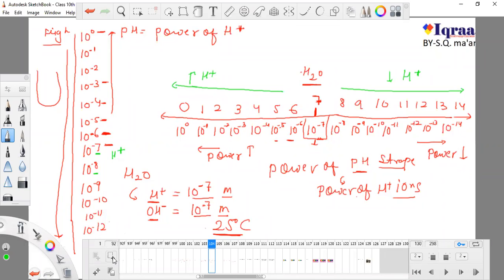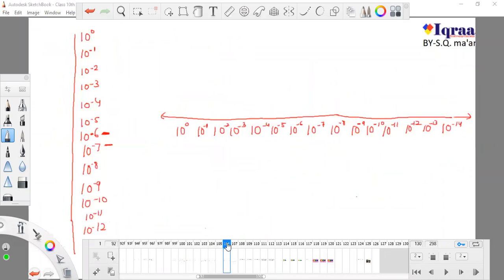Okay, so by using this indicator, I am very sure that on this side I can write 7, 6, 5, 4, 3, 2, 1 and 0, and here I can write 8, 9, 10, 11, 12, 13 and 14. As we go this way, the H plus ion increases, or we can say acidic character increases.